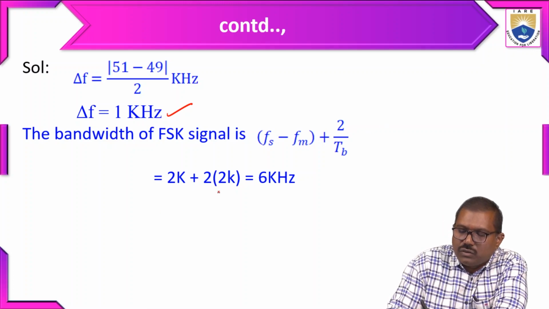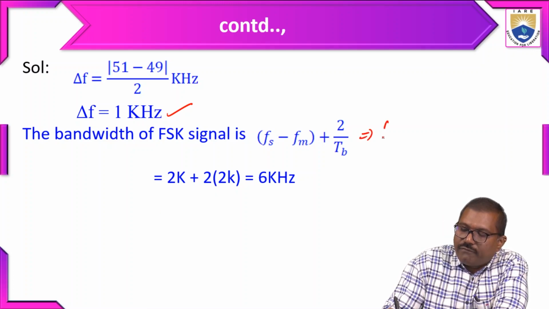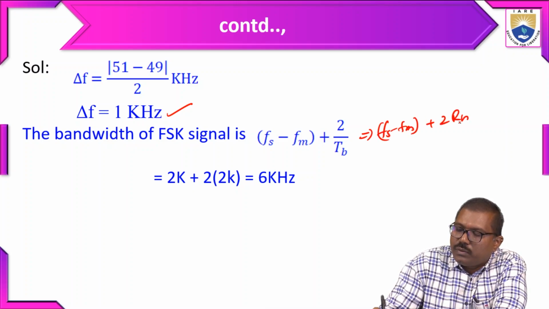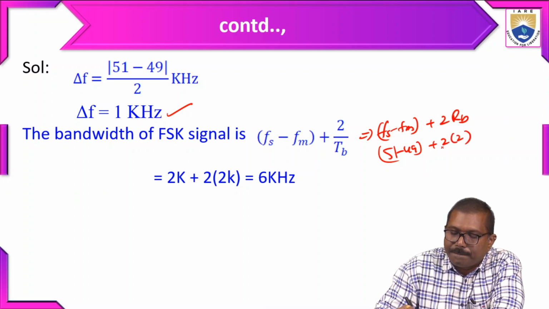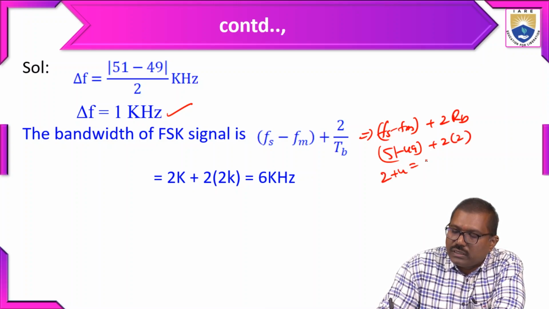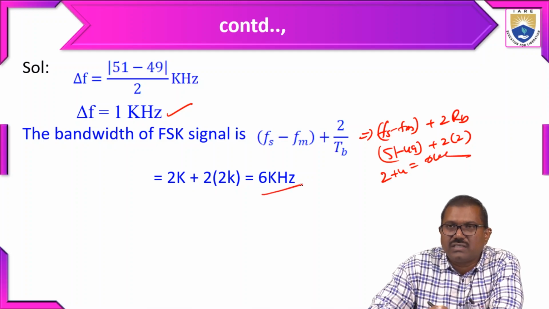So Fs minus Fm plus 2 Rb. Here, 51 minus 49 plus 2 into 2, so 2 plus 4 is 6 kilohertz. So this is my answer.